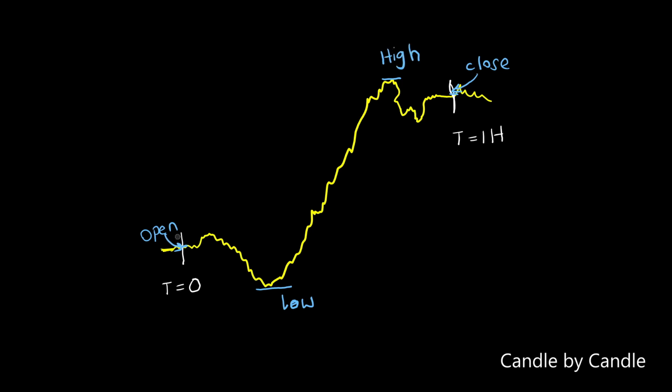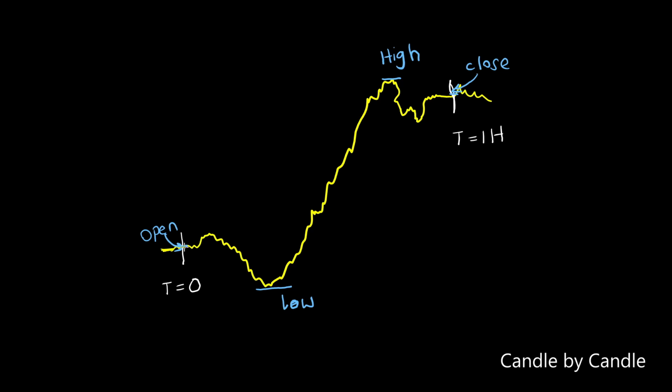So when T equals 0, the price is opening and it reaches the lowest value within this time range, and then it goes to the highest point within this time range, and then when the time is over it closes. So we can represent this by a candle.